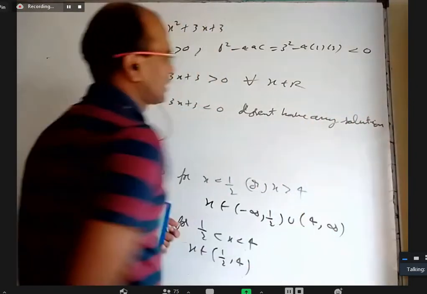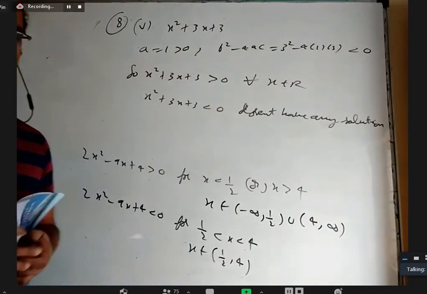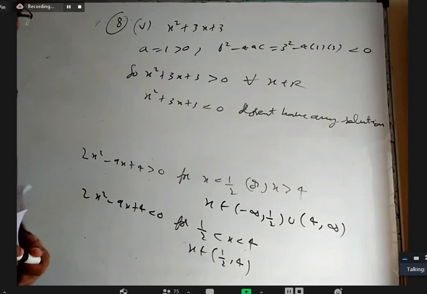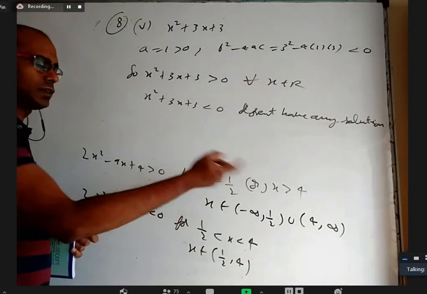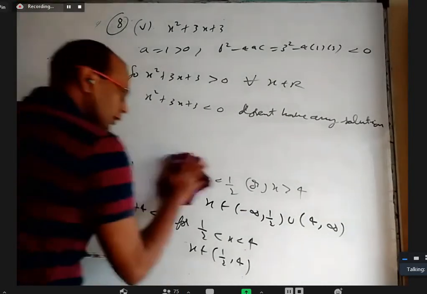So they're asking when it is positive, for all real values. When it is negative, null set. Okay, so when roots are there only, we will do it like between the roots negative, outside the roots positive, or something of that sort. Okay.